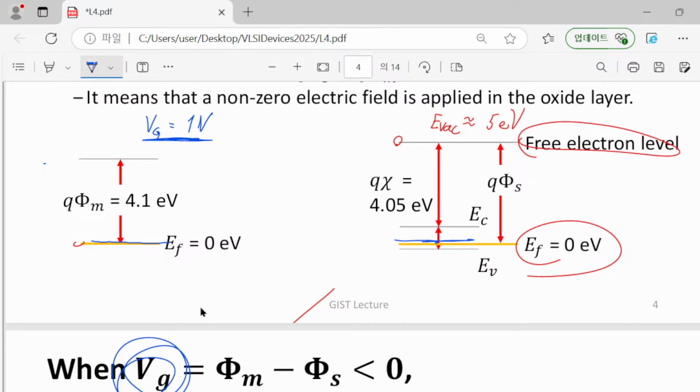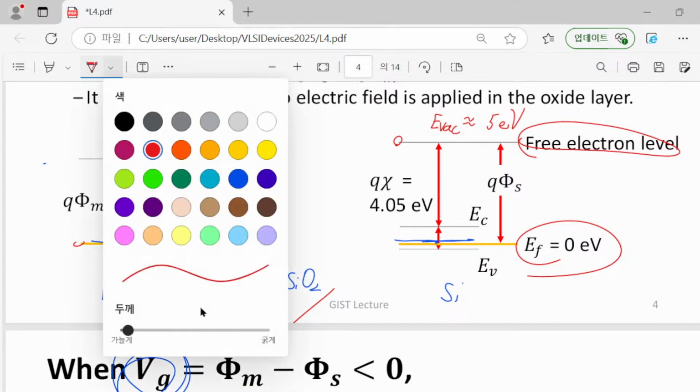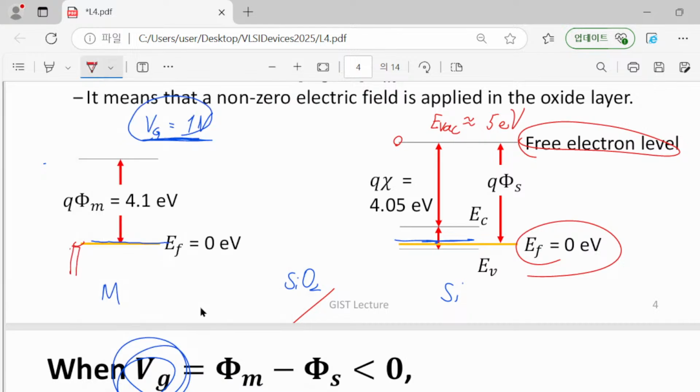Here we have metal, silicon dioxide, and silicon, and by applying this 1 volt to the metal part, only the Fermi level of this metal part is shifted downward by just 1 electron volt. So now the new Fermi level becomes -1 eV instead of the previous 0 volt.